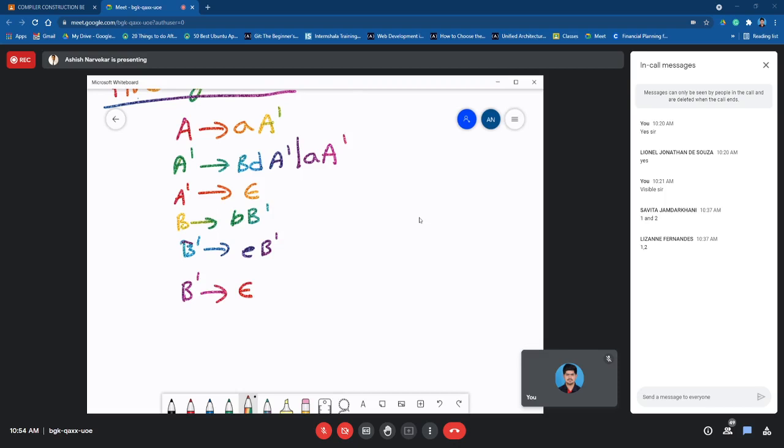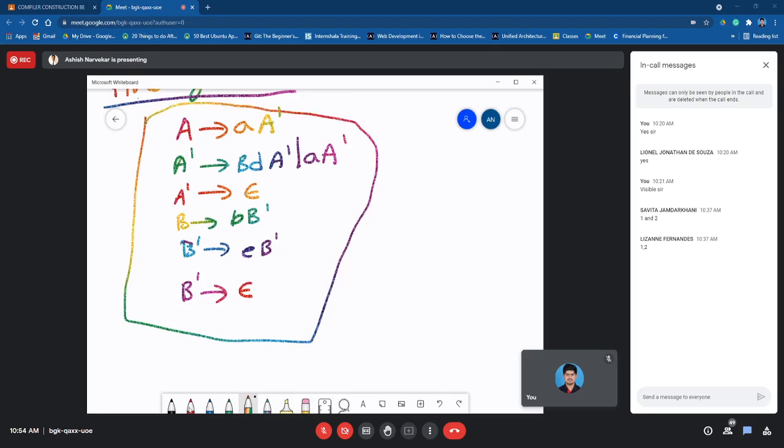So this entire thing that I have written now, these are 6 production rules. This is the final grammar. Okay.